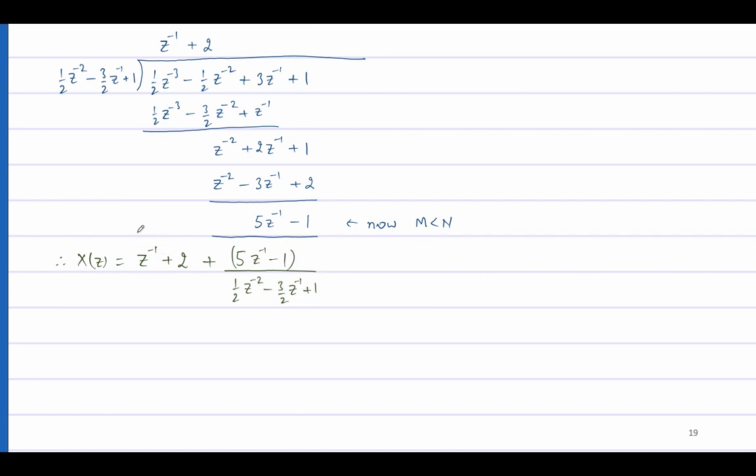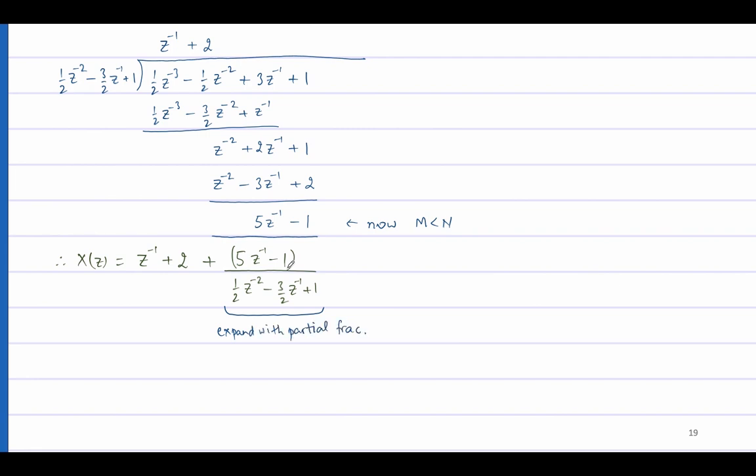I know the inverse z transform of z to the power minus 1, which is delta of n minus 1. I know the inverse z transform of a simple constant 2, which is 2 delta n, and I know the inverse z transform of this remaining thing. How? By partial fraction expansion.